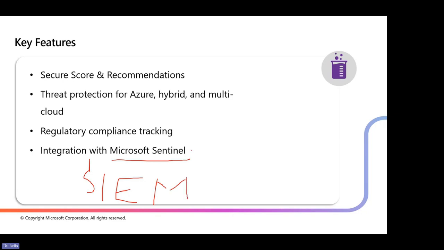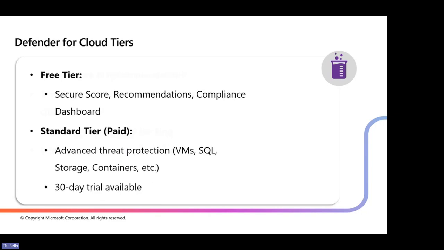Sentinel is a SIEM solution that collects security information from the various products that you are using, analyzes it and gives you recommendations. Then you can use a service like Logic App, not AppLogic, Logic App, to create automation rules on the action to take on certain information that comes into your Sentinel service, right?